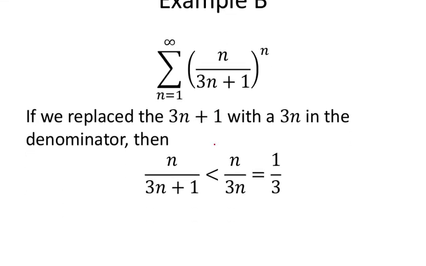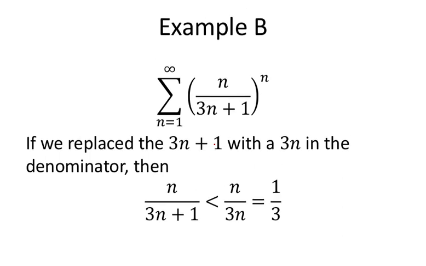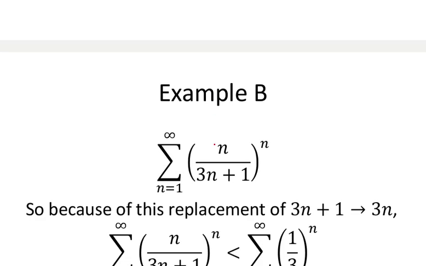So if you replace the 3n plus 1 with a 3n, then the denominator would be a little bit smaller, which would cause the whole ratio to be a little bit larger for every term. And because the n's cancel out, this becomes 1/3 to the n power.